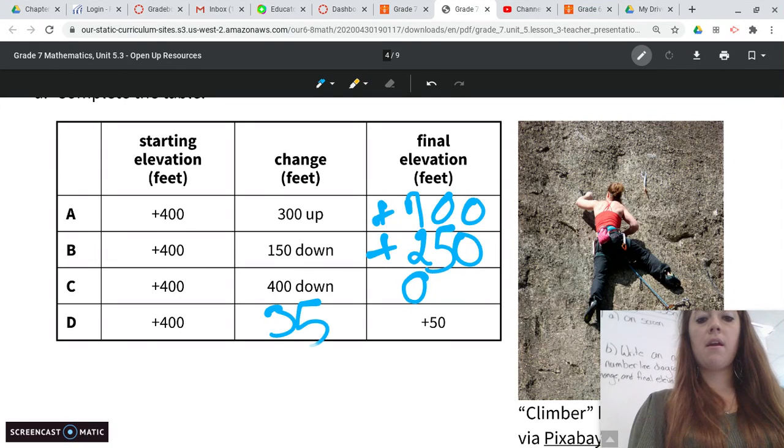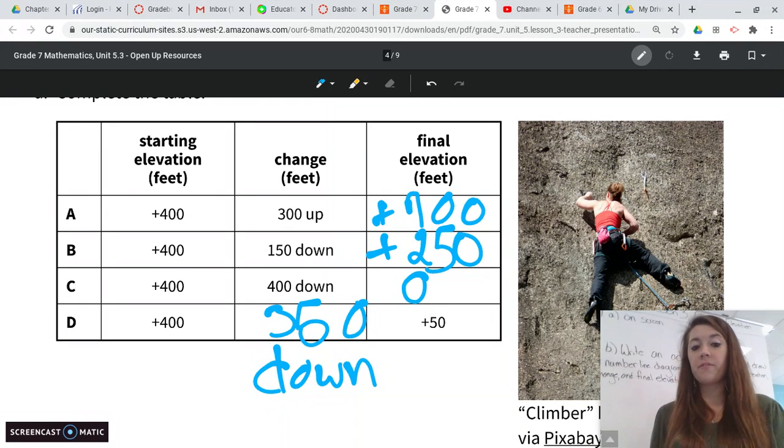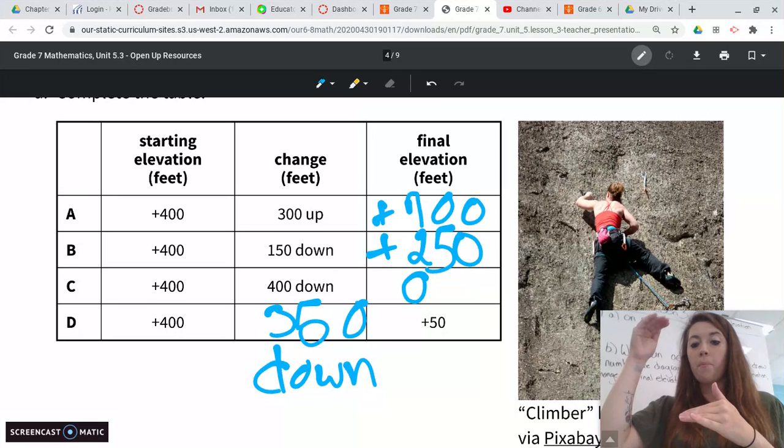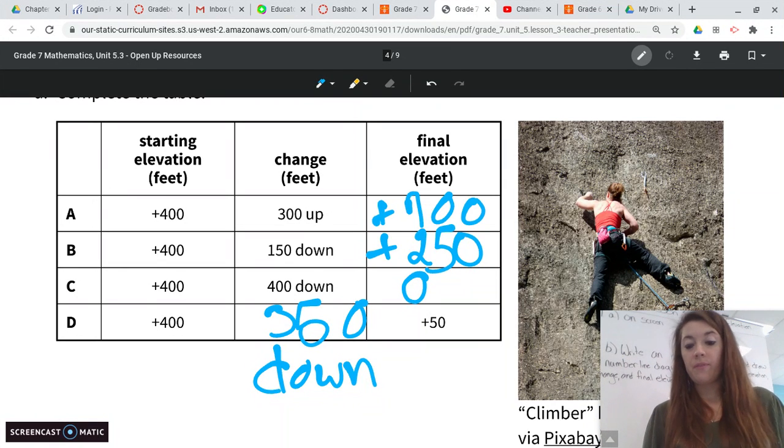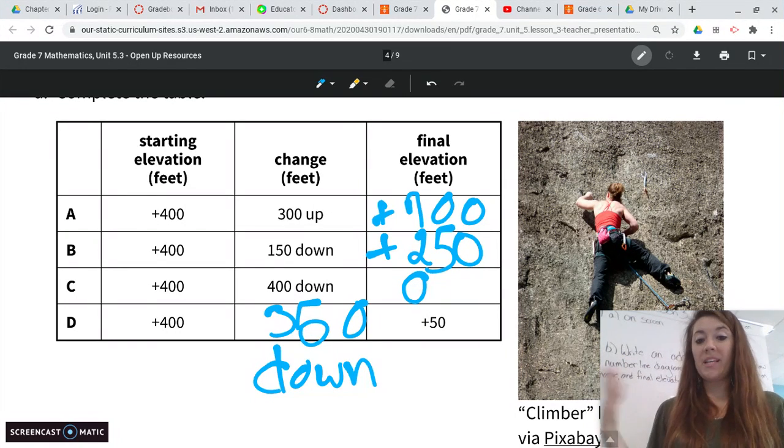Excellent. So 350 down. Don't forget to include the down, because if we just said 350, we wouldn't know if we need to go up 350 or down 350. If we went up 350, we'd be at 750, which is very different from 50. So be careful when you're expressing something as a change in a value, you need to say whether it's up or down.